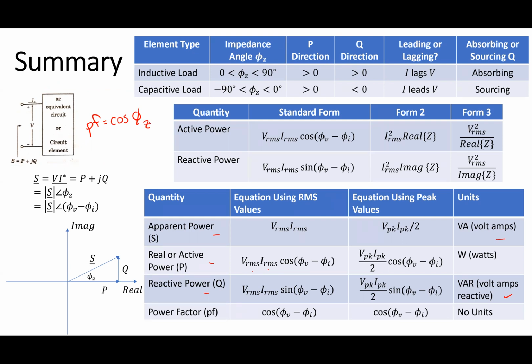VRMS IRMS is the apparent power, the length of S. Cosine of phi v minus phi I is the same as cosine of phi z. That is the power factor.